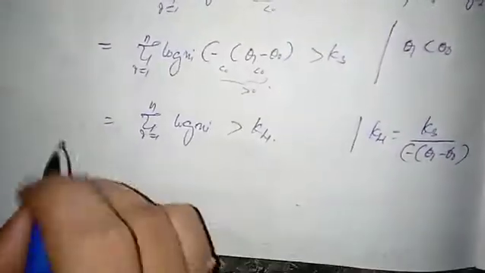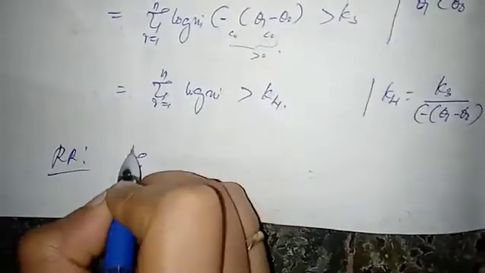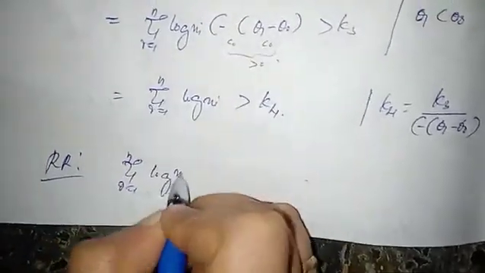Then what is the rejection region? The rejection region is summation i = 1 to n log xi greater than k, right? Then we have to write the test function, right?